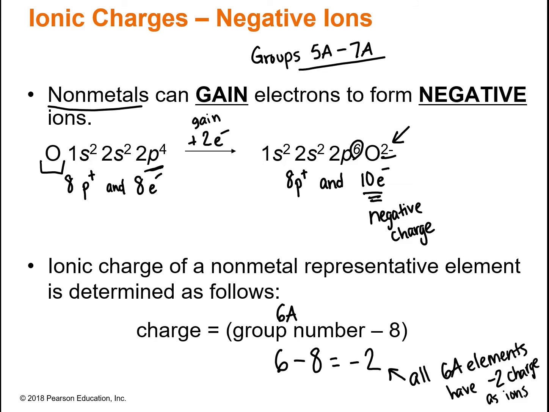If I told you that I want you to figure out what the charge of a group 7A element would be, how would you do that? If you were making an ion with a 7A element, what would its charge be?